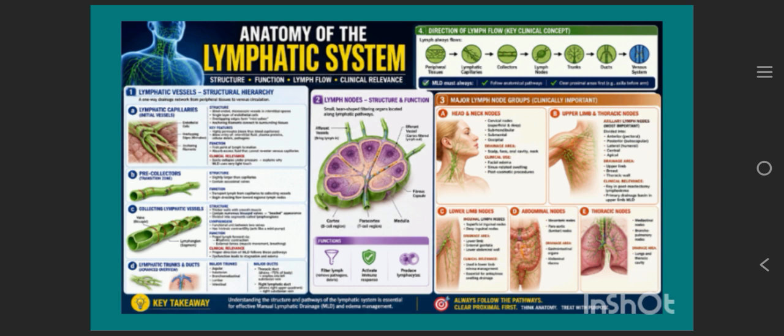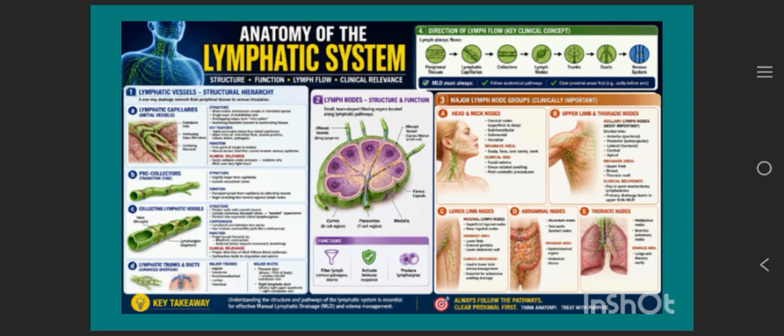Next we will discuss the lower lymph nodes. These are the inguinal lymph nodes, superficial and deep. The drainage areas are the lower limb, external genitalia and lower abdominal wall.